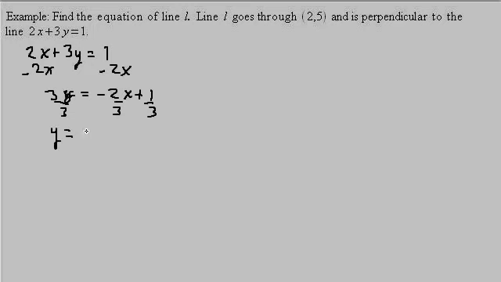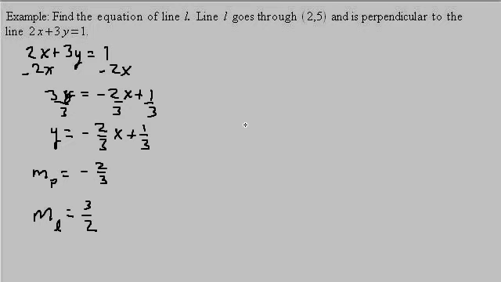So I get y = -2/3 x + 1/3. So the slope, and I'm going to put a subscript p because this is the slope of the line perpendicular to line L, is -2/3, and the slope of line L will be the negative reciprocal of this, which will be 3/2.